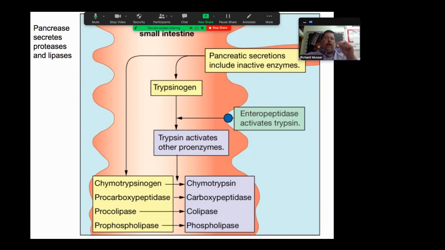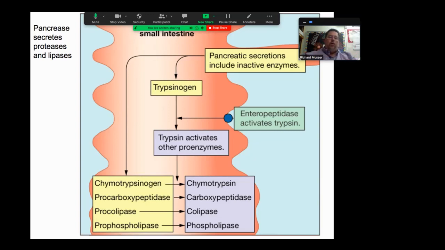So trypsin will activate chymotrypsinogen into chymotrypsin. That's a protease. That will also help to digest proteins. And then we have procarboxypeptidase, which becomes carboxypeptidase, which is another protease. So again, remember, proteases are enzymes that break down proteins.